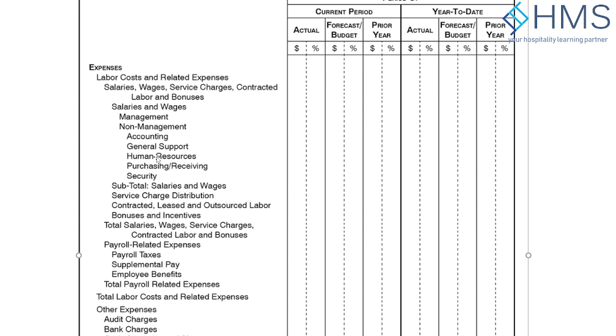Purchasing and receiving would be different based on location, based on how far they are from the market. Accounting would depend on the number of software that you're using, whether you're doing manual accounting or system related accounting, and whether you have shared services with other companies or you are a standalone hotel.